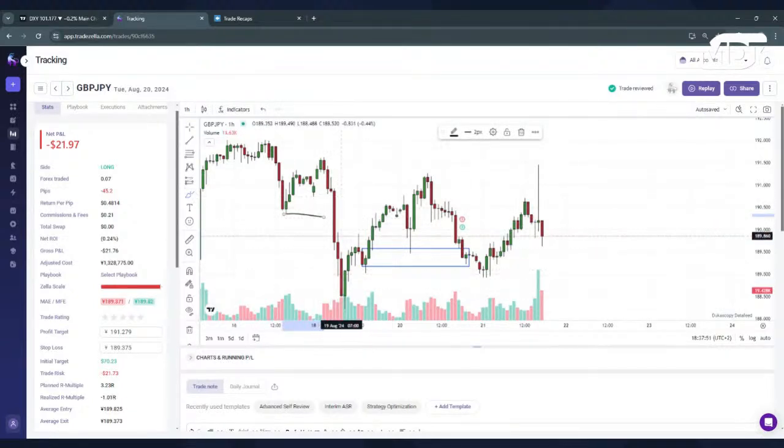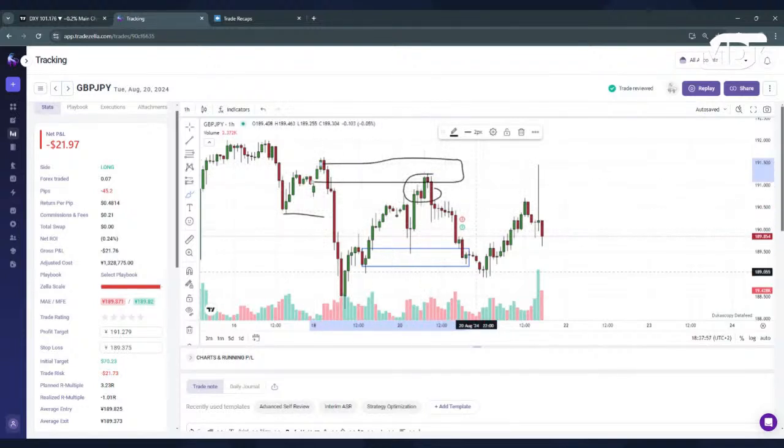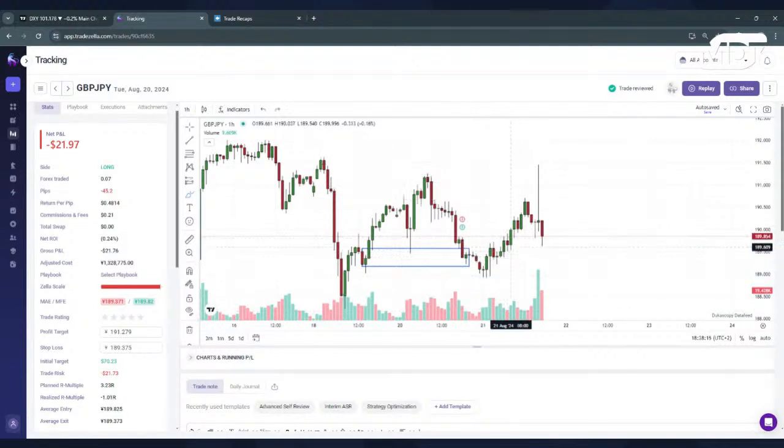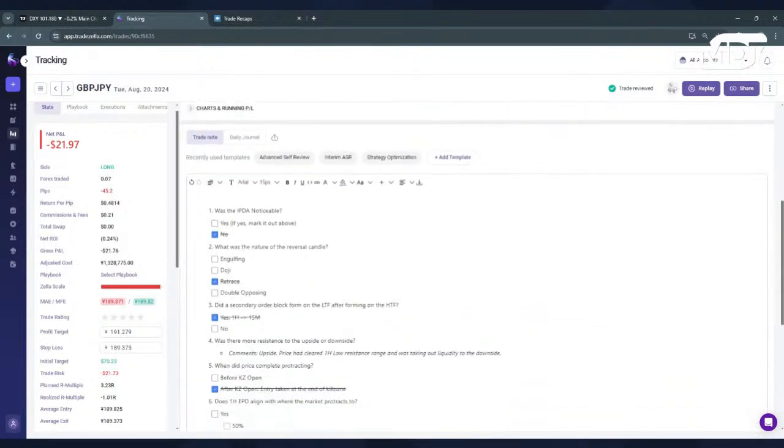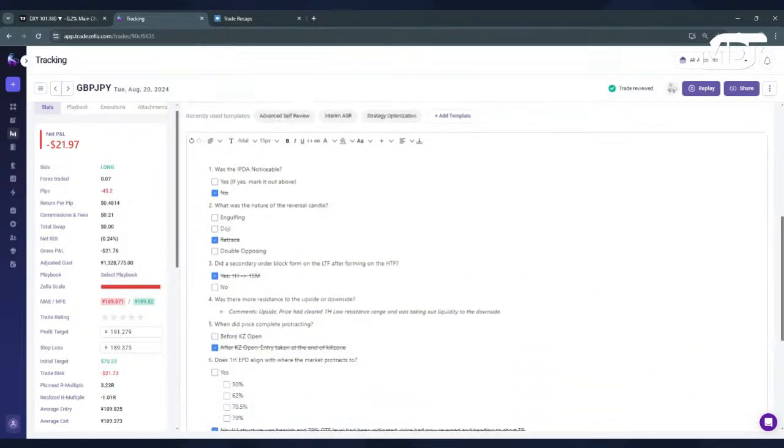The short was obviously clear of the 1 hour low resistance range, and then respected that, and then came lower. So the 4 hour, coupled with price respecting these highs here, motivates that move to the downside. So more resistance to the upside, for sure.